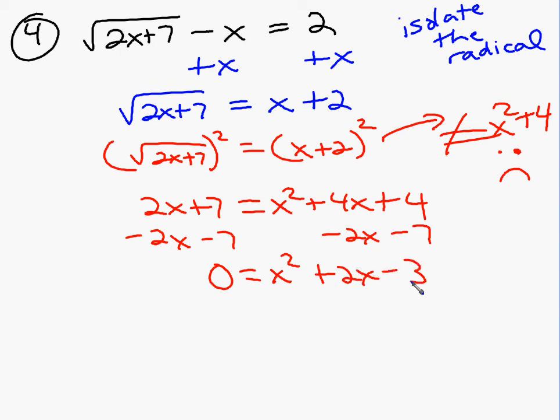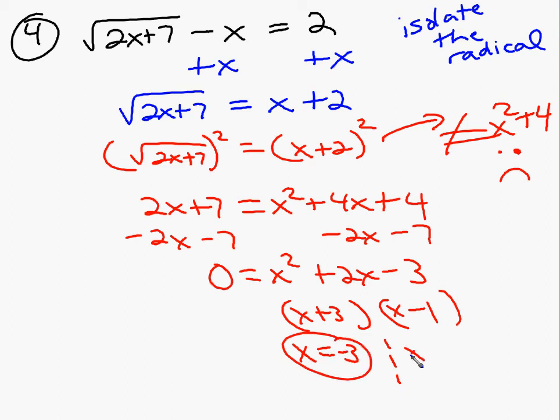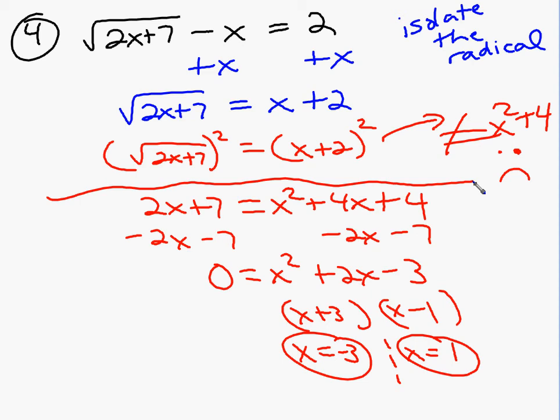I think that one will actually factor. x plus 3, x minus 1. Split it up. So x equals negative 3, x equals positive 1. But from this point on, after we got past here, it was just a quadratic. And you know all the ways we can solve a quadratic.